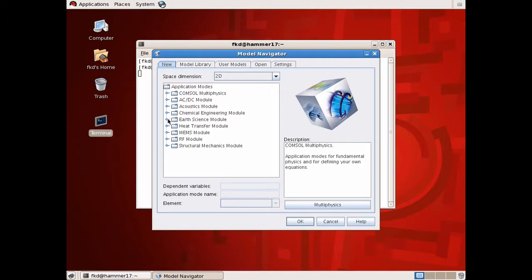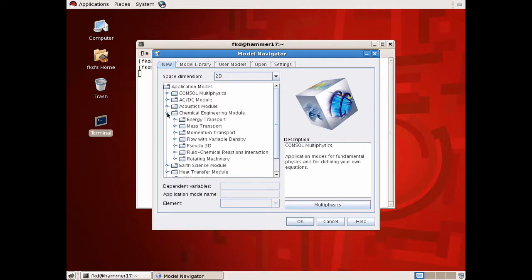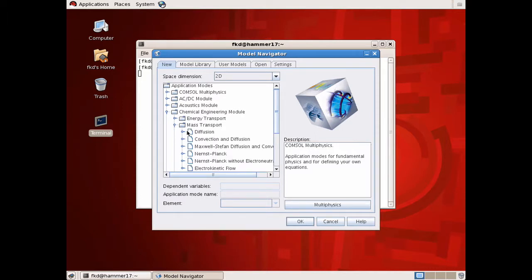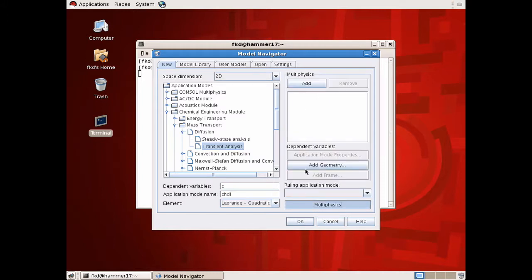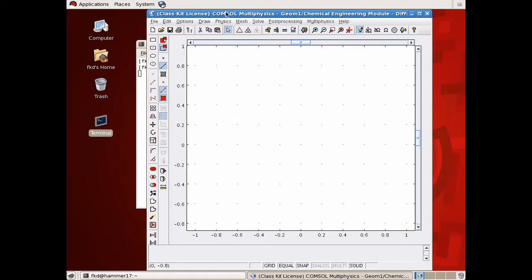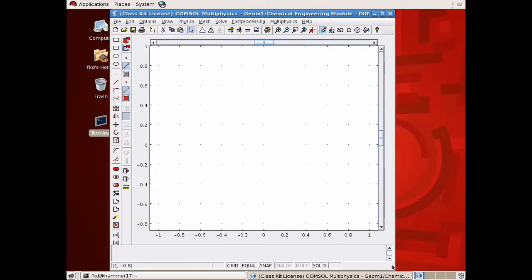Could be the Earth science model. I prefer diffusion. It's a diffusion equation we're dealing with, so it's a transient analysis. Let's do our one-dimensional problem.